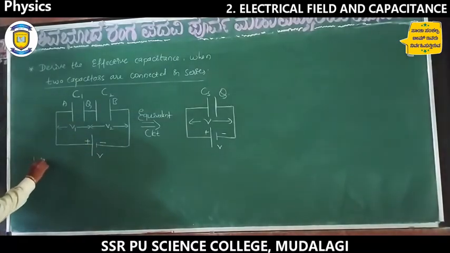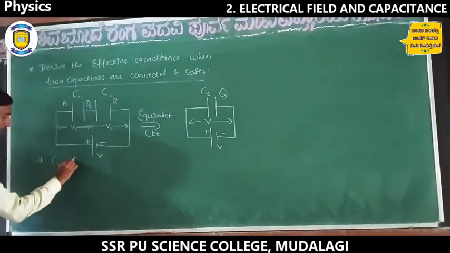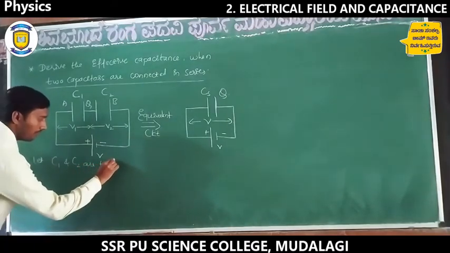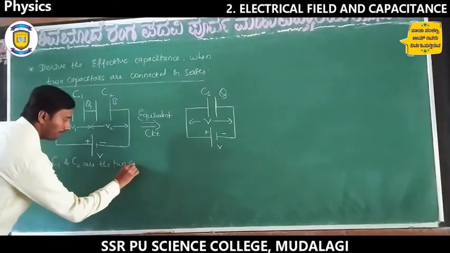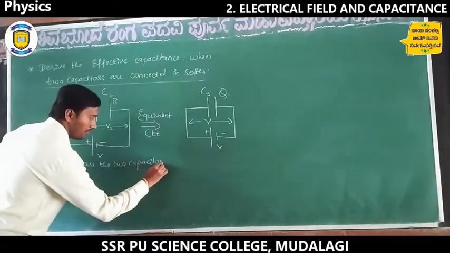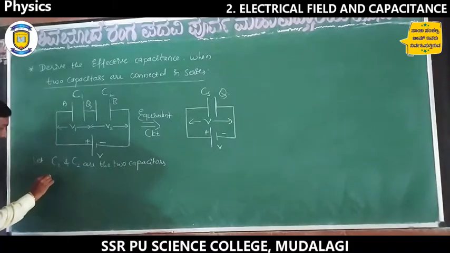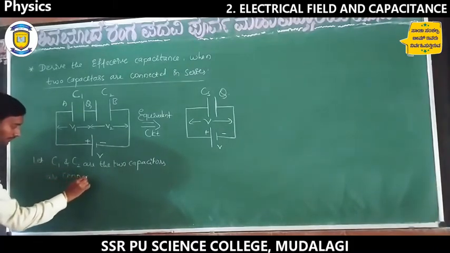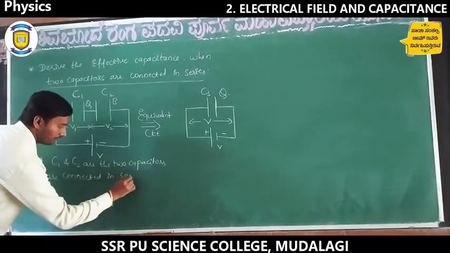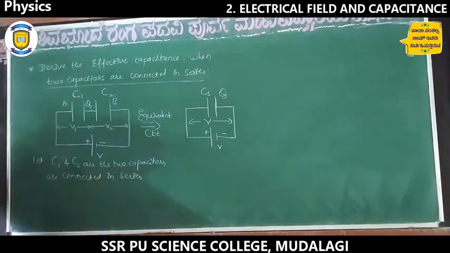Let C1 and C2 be the two capacitors connected in series, correct?